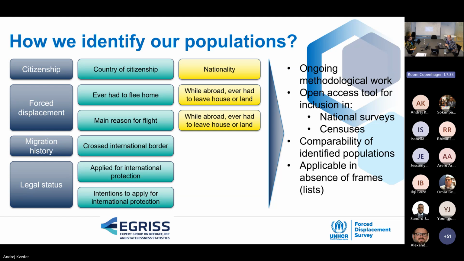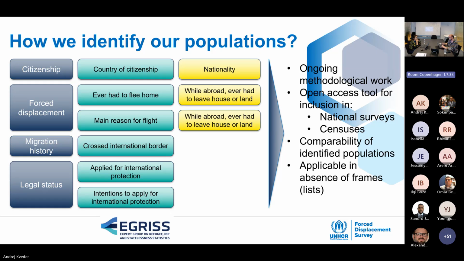In between, there is an FDS methodological paper on the first results of identification questions, which is also available on our website. But in essence, it tells us, in absence of proof of the status in terms of documentation, how can we identify those populations that we serve? And this is basically the framework that is presented on this slide.